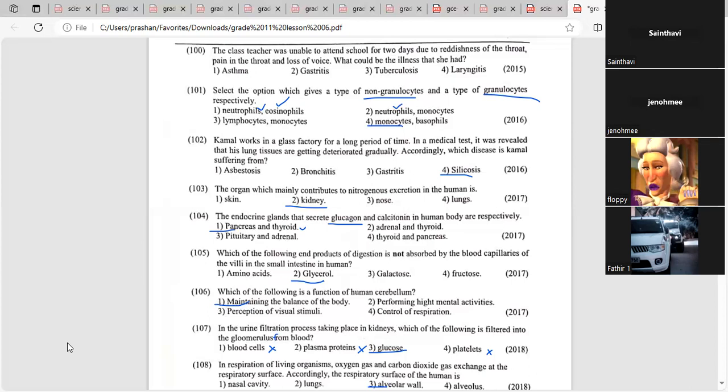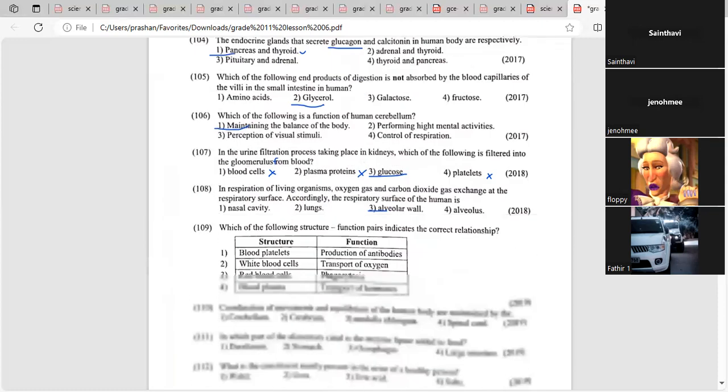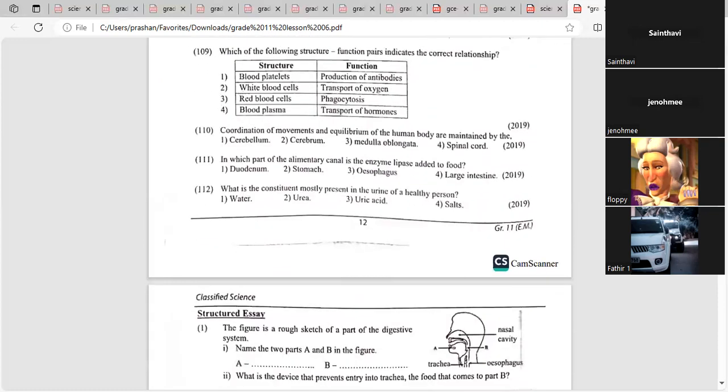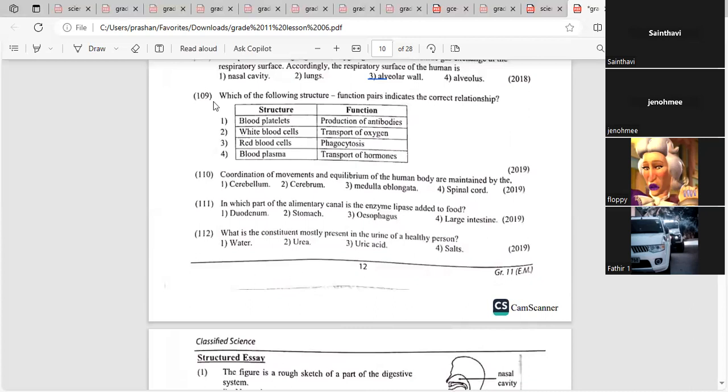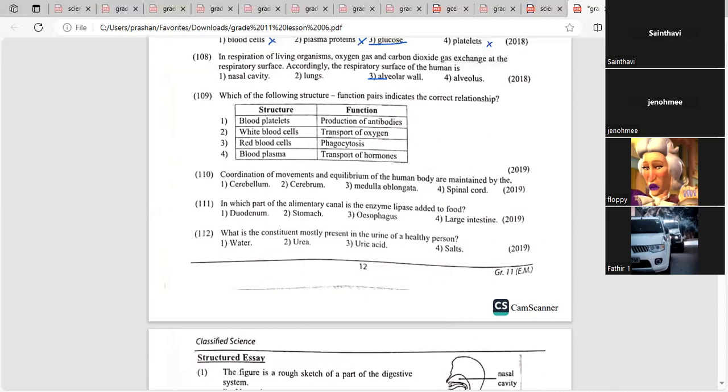Then we have four more MCQ questions, 109, 110, 111, 112. Now you can write answers for these four MCQ questions.